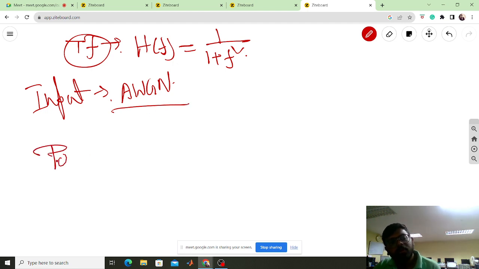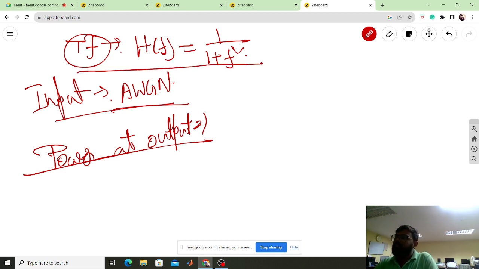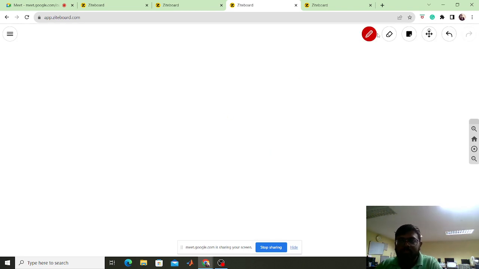So what will be the power at output? We have also solved this question, but the integration I had not solved. So just let me solve the integration this time. I think the integration was the problem.